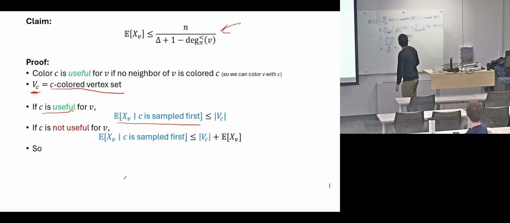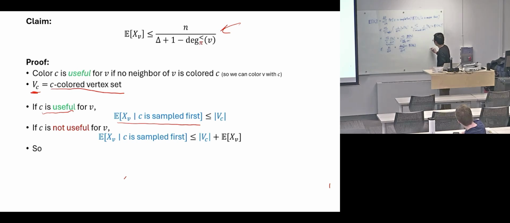And then here we need to bound the number of not useful colors. The number of not useful colors I claim is at most the degree before V, XV over delta.